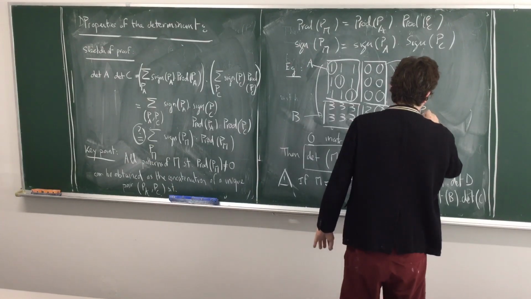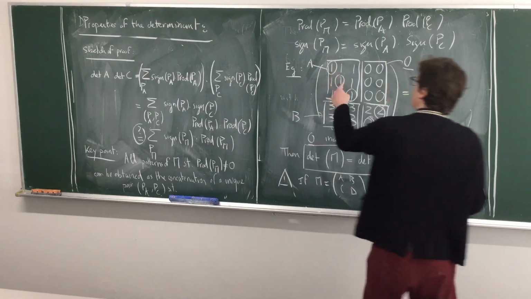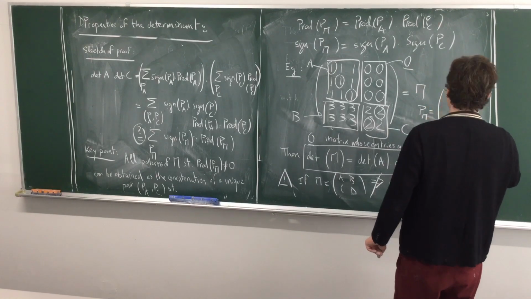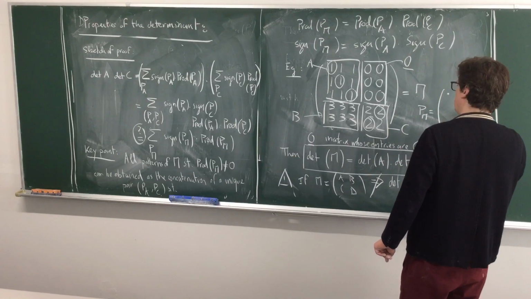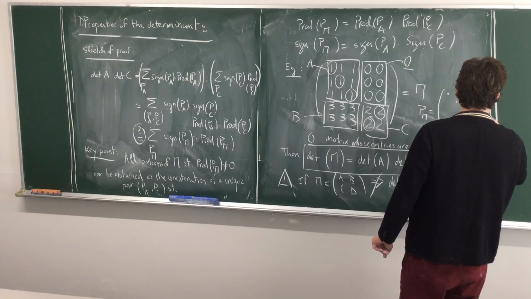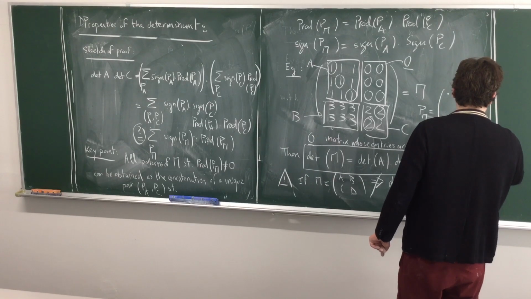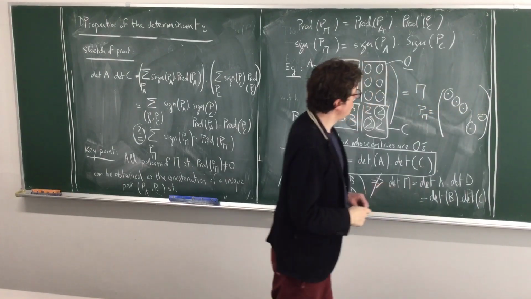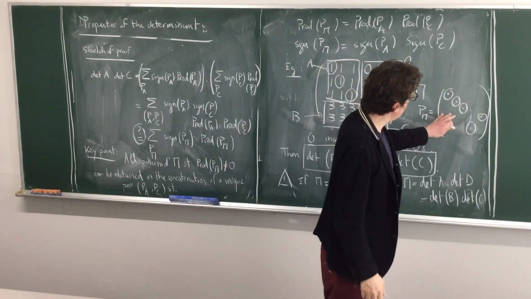So the pattern of M will be, you will have these entries, and then you will have this and this. This is a pattern also, but this time a pattern of M.